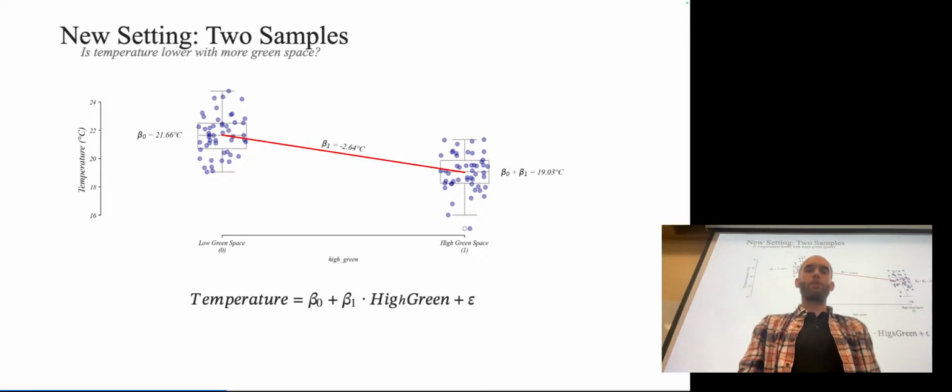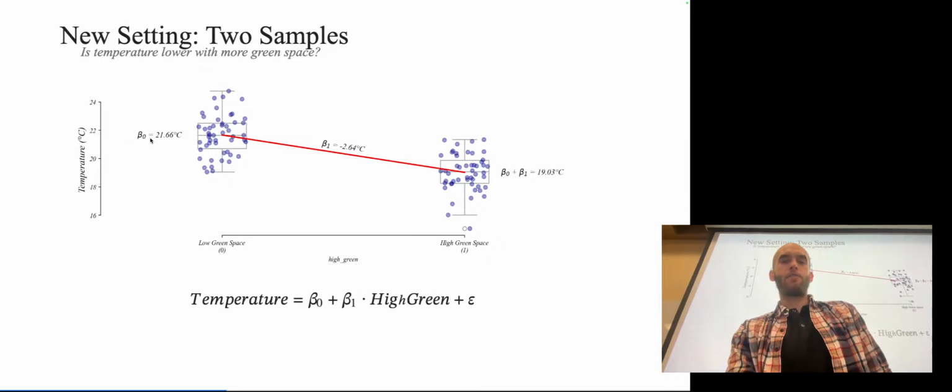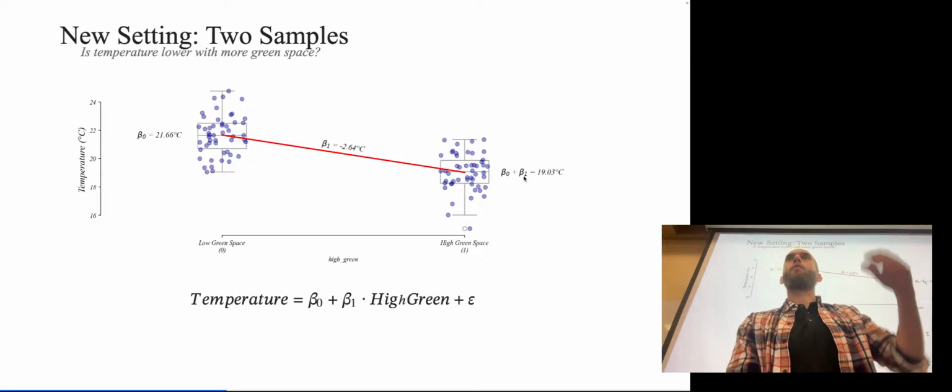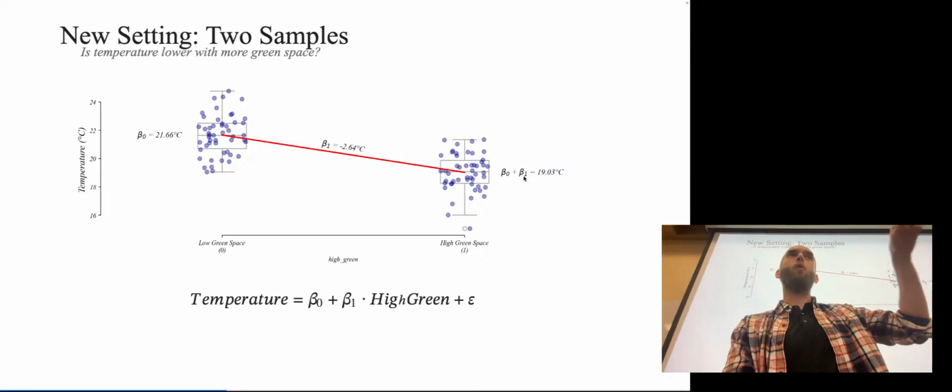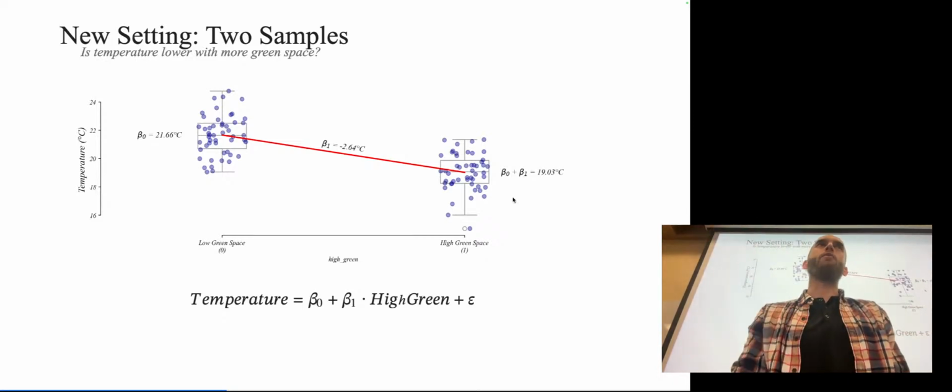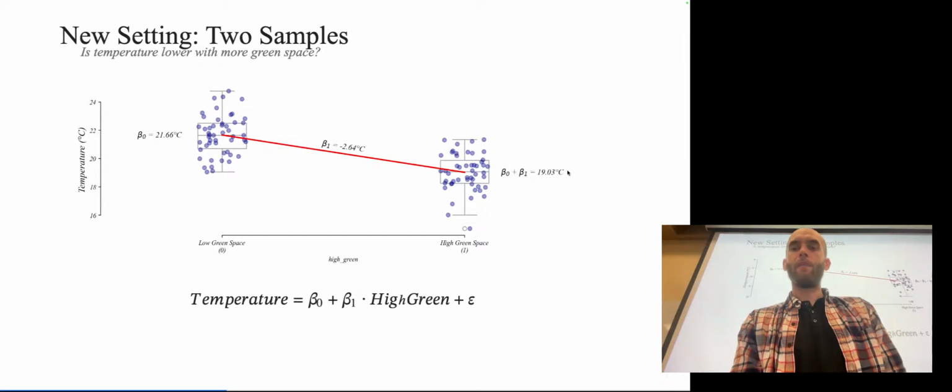So the average temperature in the first is just beta 0, and in the second it is beta 0 plus 1 times beta 1, because we're increasing by 1 unit. And so that gives us a temperature that looks like this.